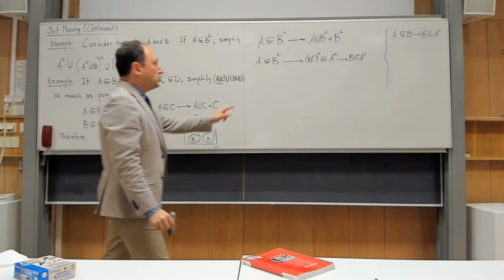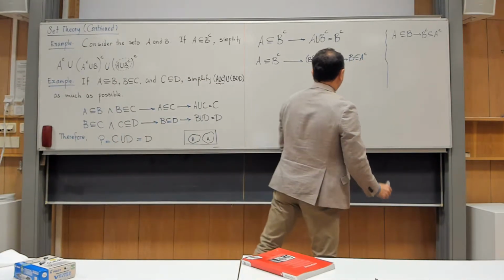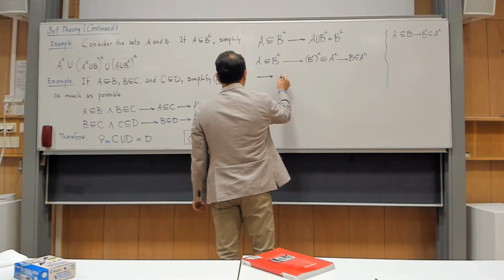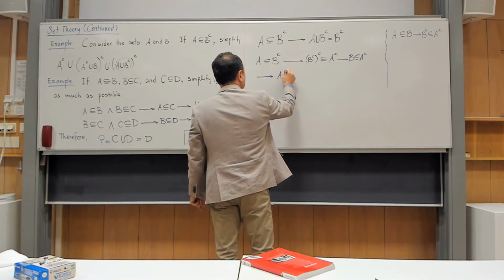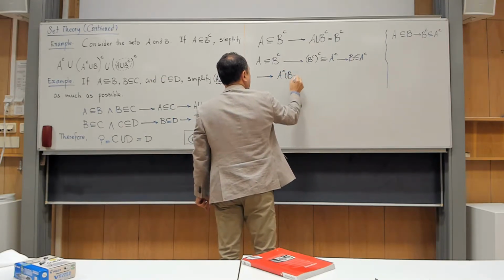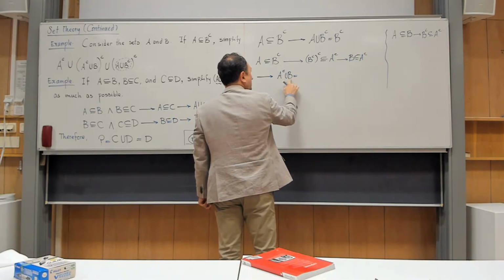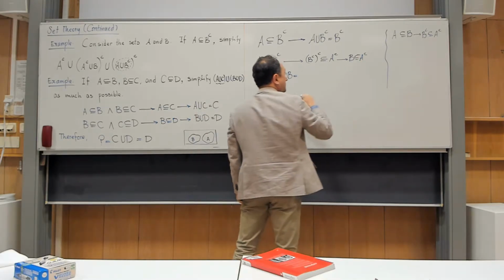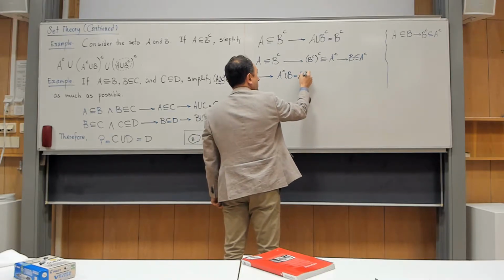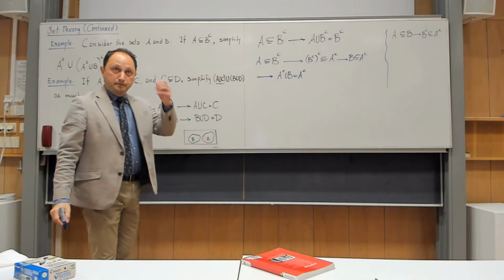Now that I know that B is a subset of A complement, if I union them, what would be the union? These two sets are comparable. Which one is bigger? A complement is bigger. So the answer would be A complement.